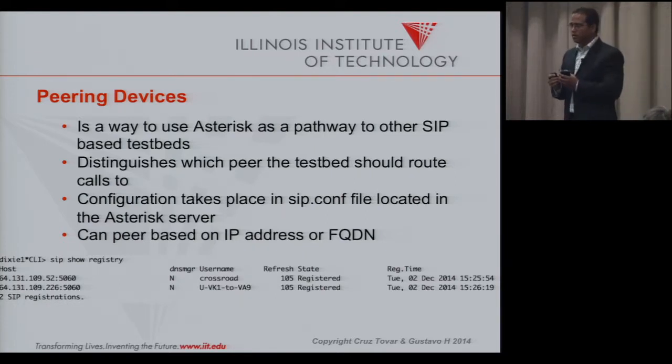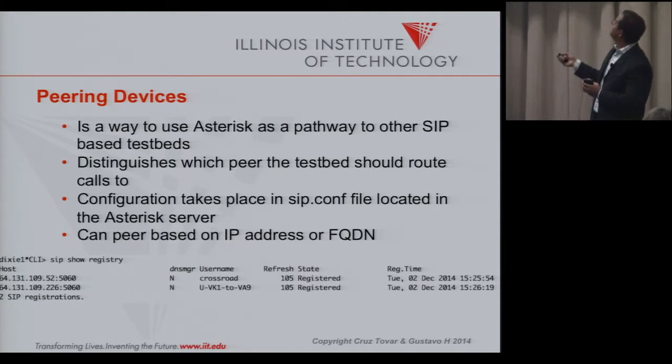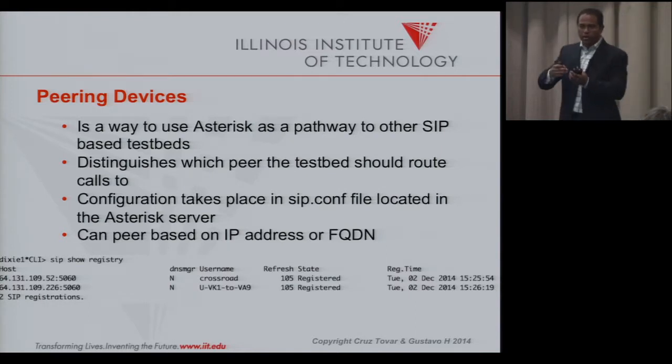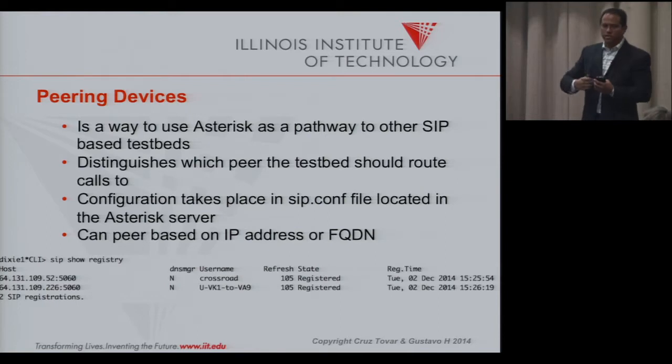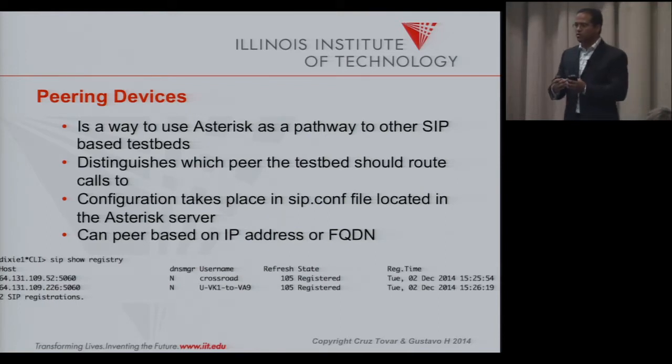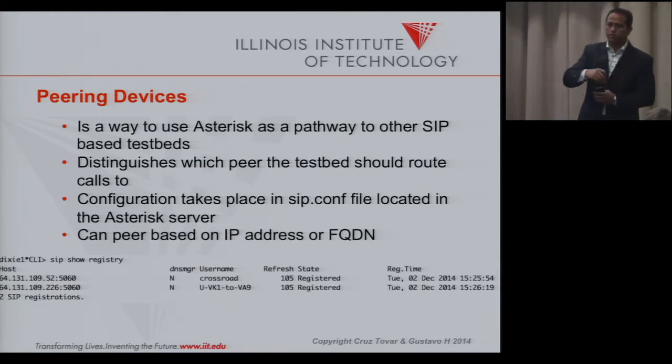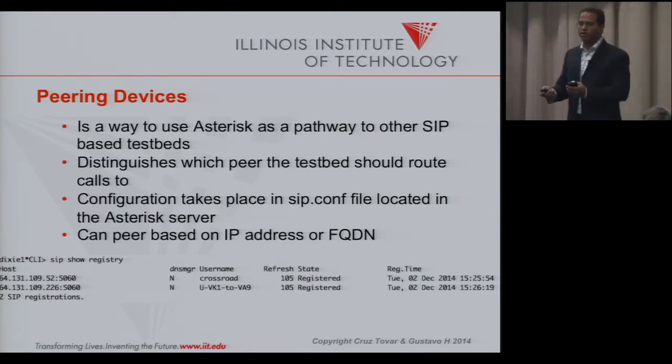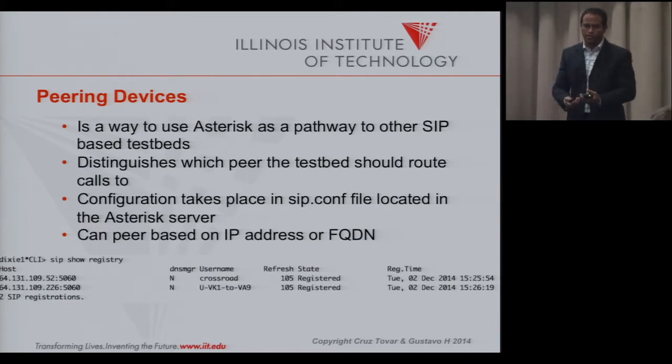So in the Asterisk server, we have 2 files that we configure: the sip.conf file, which is the place where we make the peering connection, and the extensions.conf file, where we route the calls from one testbed to another. Actually, the extensions.conf file is the place where we set up the dial plans.